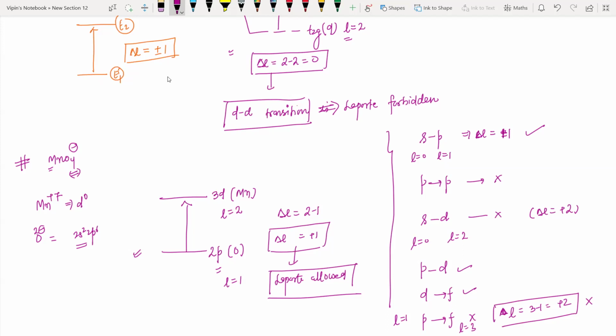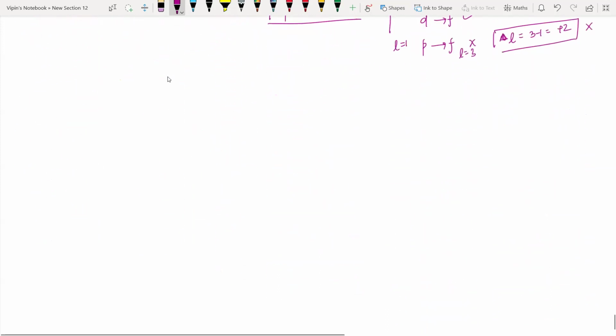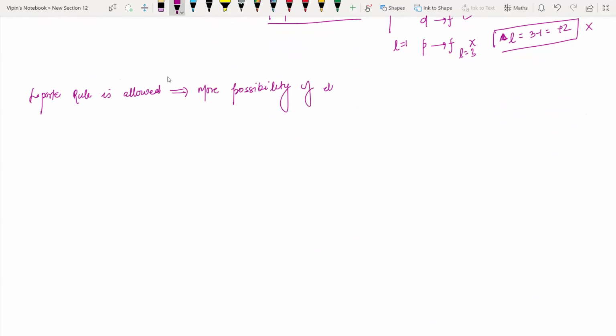We can write it here. If the Laporte rule is allowed, it means more possibility, more favorability, more tendency of electronic transition.